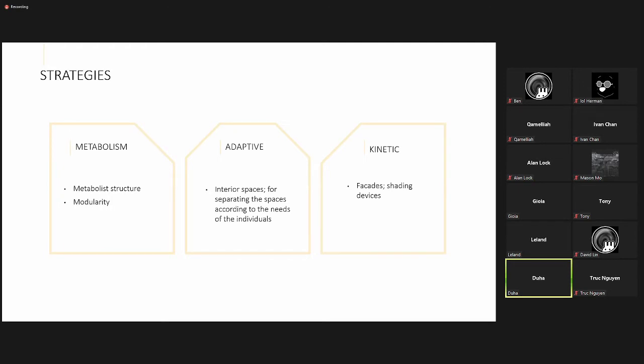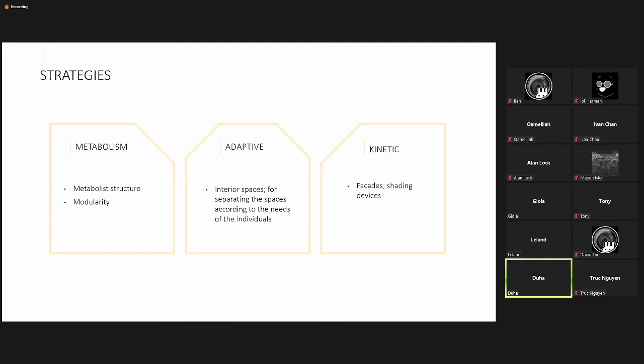and my research was done on metabolism, adaptive and kinetic architecture. Metabolism will be used in the structure and the modularity. Adaptive architecture will be used in the interior spaces. And kinetic will be used for the facades, for example for the shading devices, and also for the interior spaces.